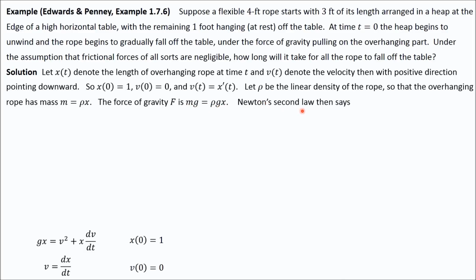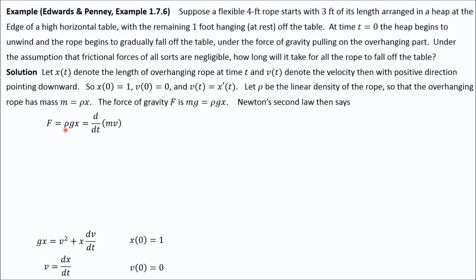Newton's second law says that force, which we just agreed was this, is also equal to the derivative of mass times velocity. Perhaps you're more familiar with F equals ma, mass times acceleration.